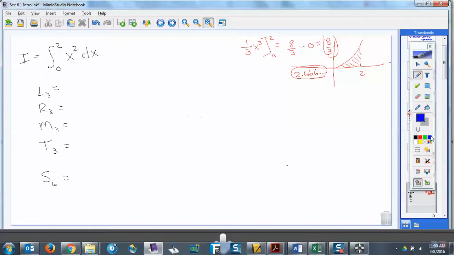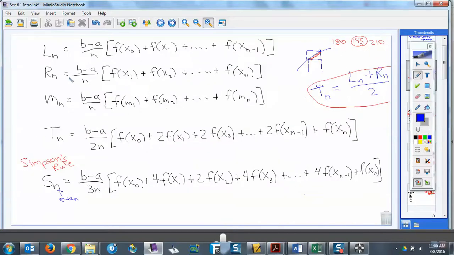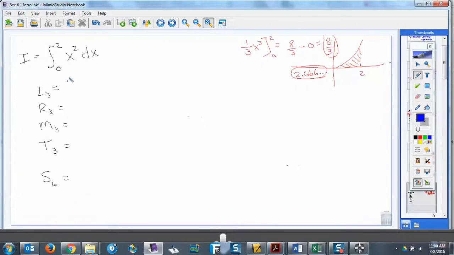Okay, let's do an L3 and let's just practice doing it according to the formulas we wrote down today. So I would start by writing what here? Right? So 2 minus 0 over 3 square bracket.